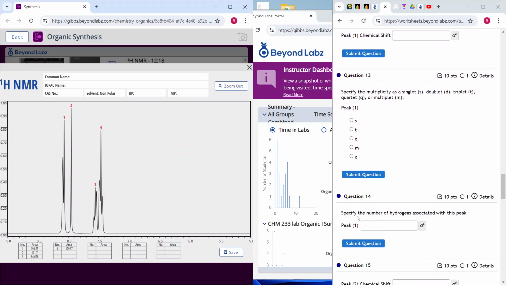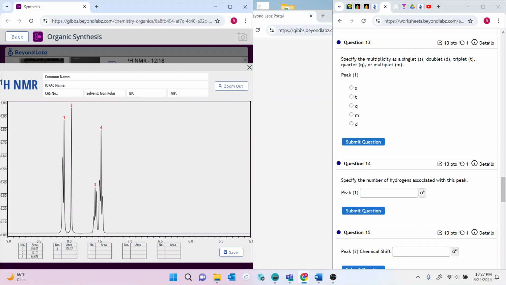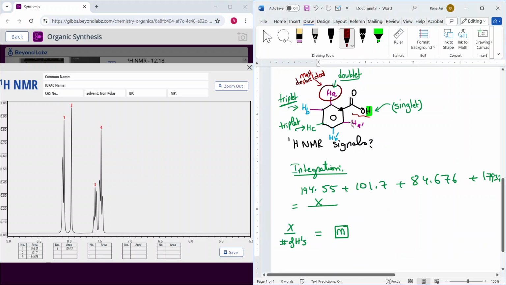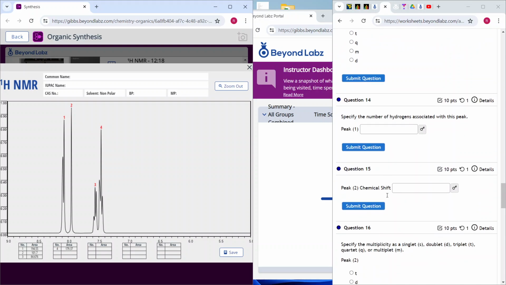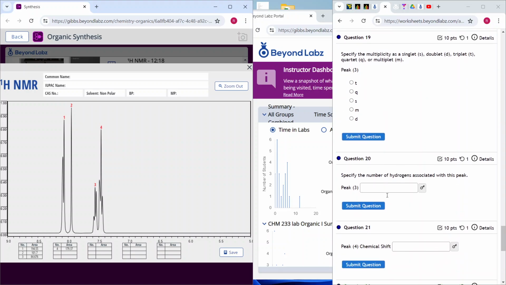So put a doublet in there, and so forth. Specify the number of hydrogens. We already calculated it for this one, and it corresponds to 2 hydrogens. Whenever you are looking at the number of hydrogens, you have to count all the hydrogens that correspond to the signal, and it is 2 hydrogens corresponding to the signal. So put it in here, and then you can easily continue the lab.